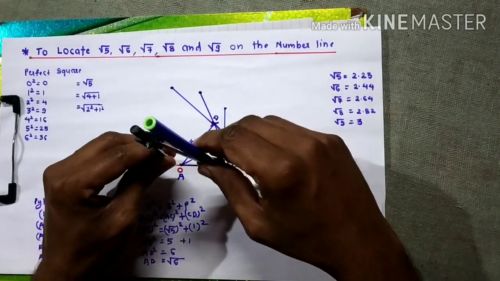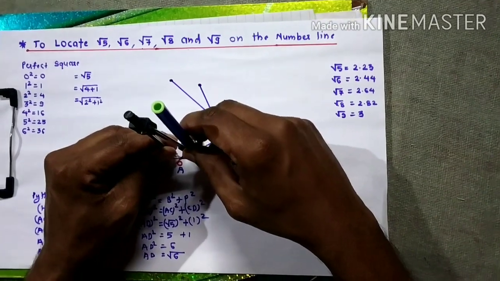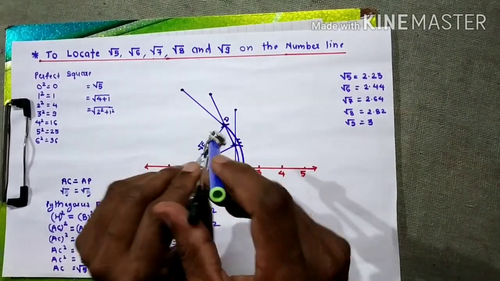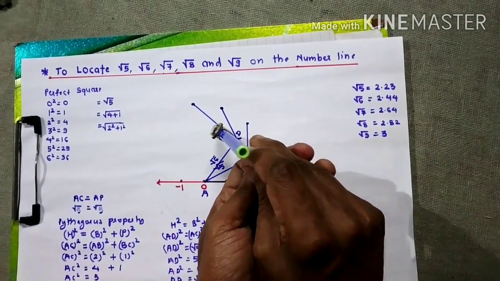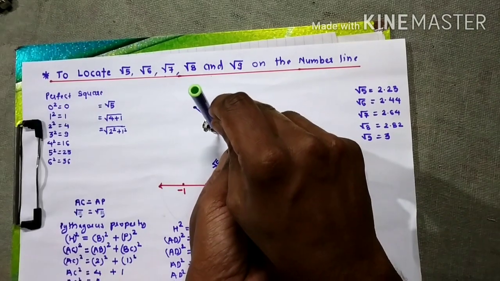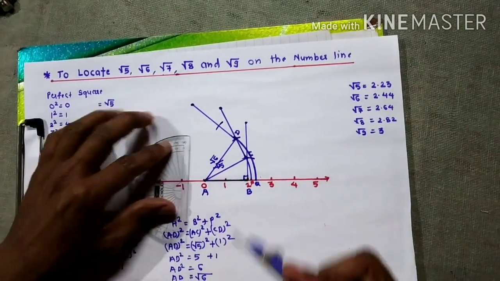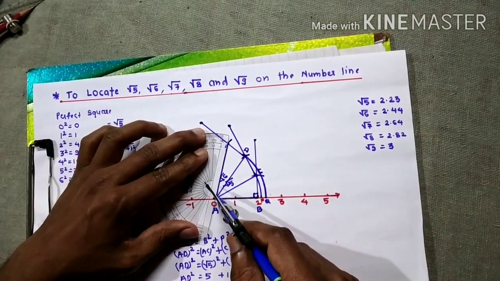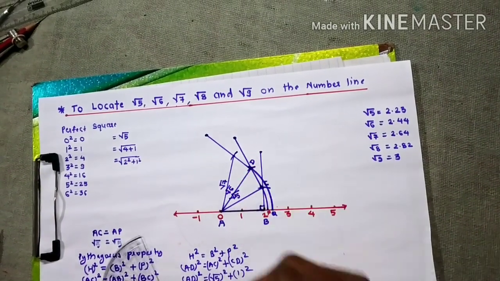Next we have to choose 1 unit distance. 0 to 1 distance is 1 unit. So next we have to keep the compass at the point D and cut the distance of 1 unit. Then next we have to join these 2 points. So this is root 7.